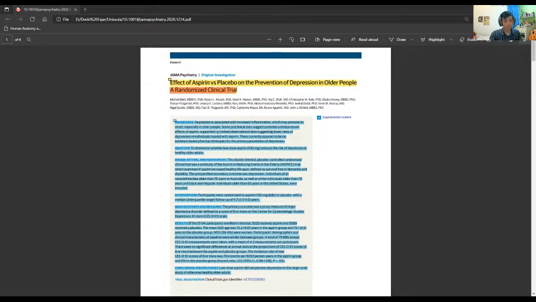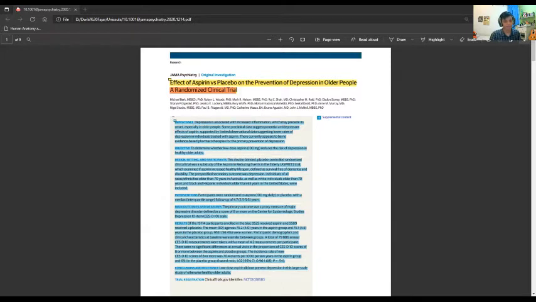And 1B is the structured summary of trial design, methods, results, and conclusions. As you can see here, this is the abstract, and this is the structured abstract, because there are two kinds of abstract, the structured one and the unstructured one.